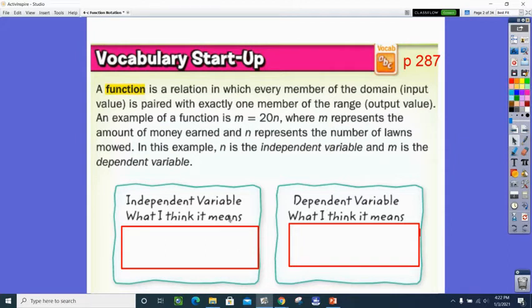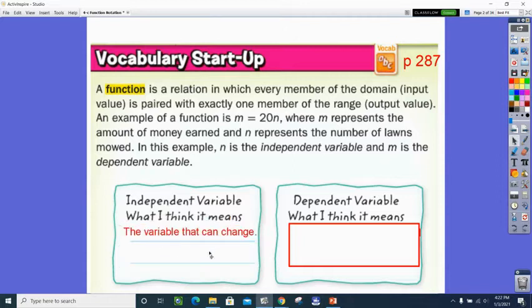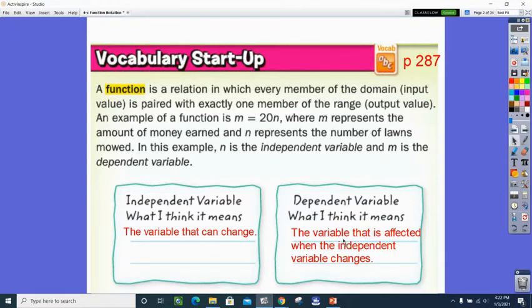I mentioned them in the last video, but an independent variable is the variable that can change. Again, you pick it. The dependent variable will be affected and will depend on what you pick. So it's the variable that is affected when that independent variable changes. So this guy's waiting for the math to happen, basically.